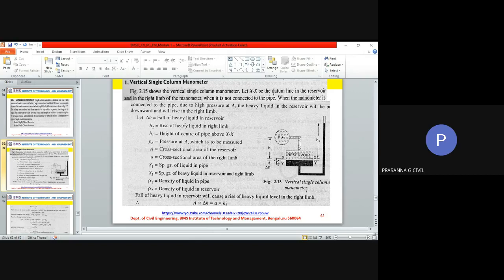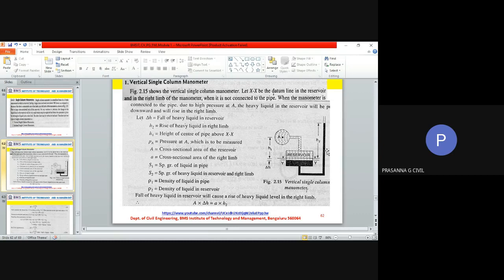H1 is the height of the center of the pipe from the reference line XX, or datum line XX. So H1 is the column of fluid whose pressure we are trying to measure. Let PA be the pressure at point A. Let capital A be the cross-sectional area of the reservoir, because this is like a big reservoir tank, and let small a be the cross-sectional area of the thin tube.